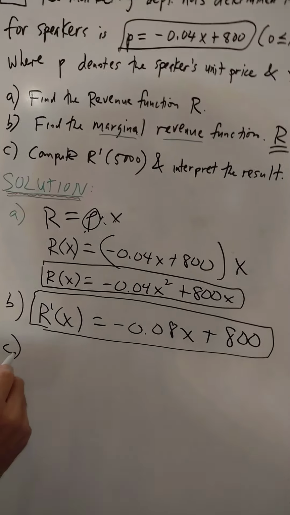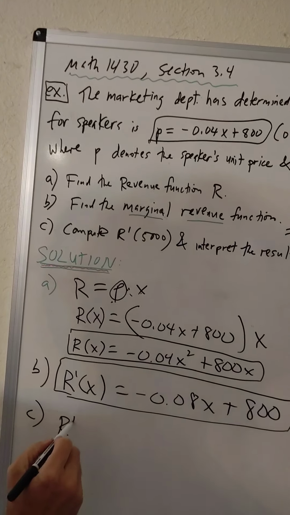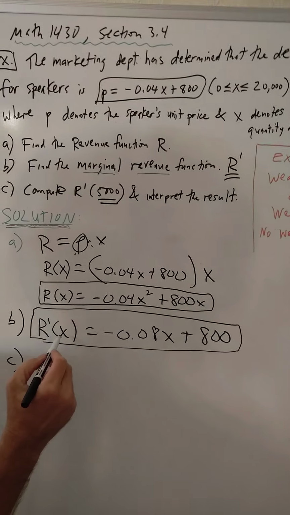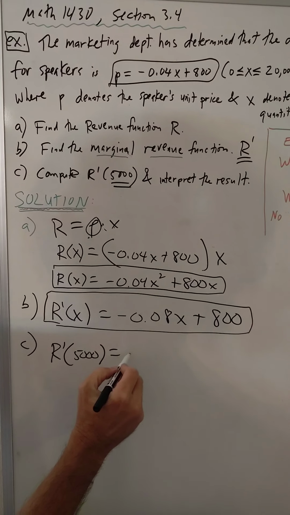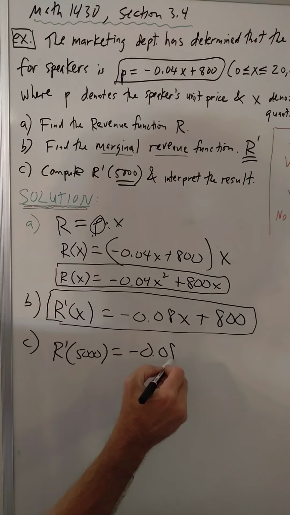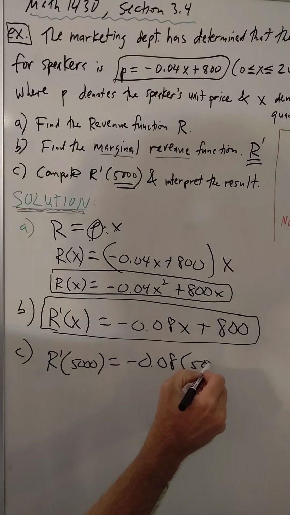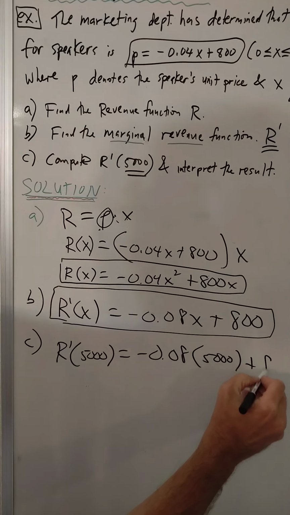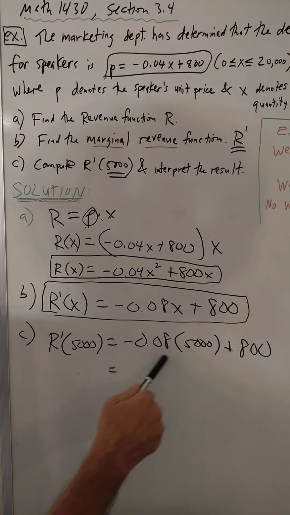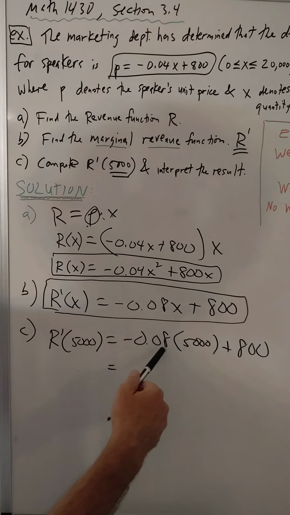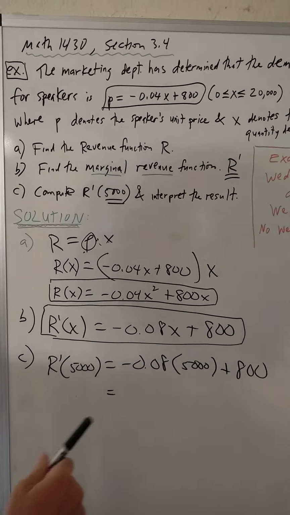And then finally for question C, compute R prime of 5,000. Wherever you see x, you're going to write 5,000. That's going to equal negative 0.08 times 5,000 plus 800. You could do this on paper, but you're allowed to use calculators, so let's use a calculator.